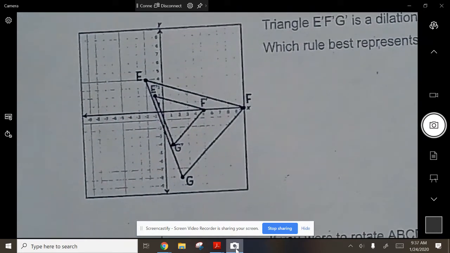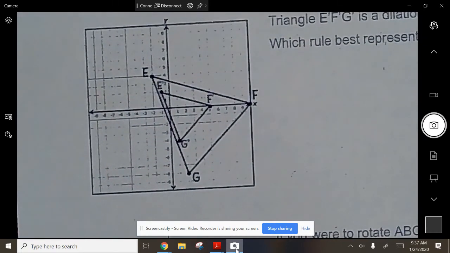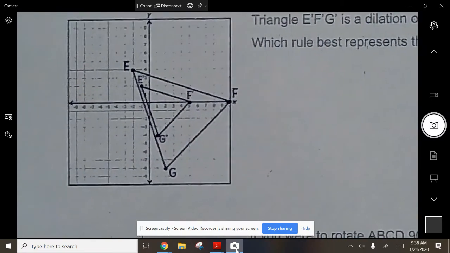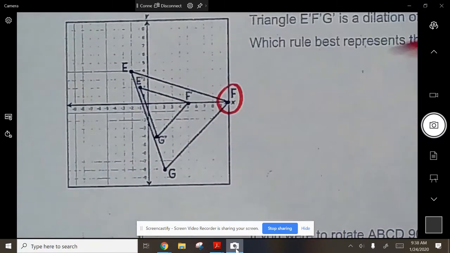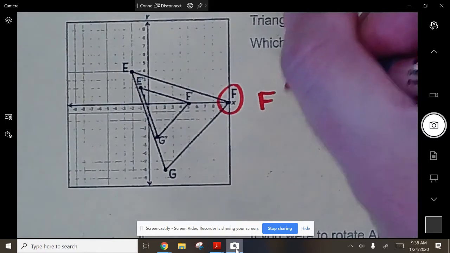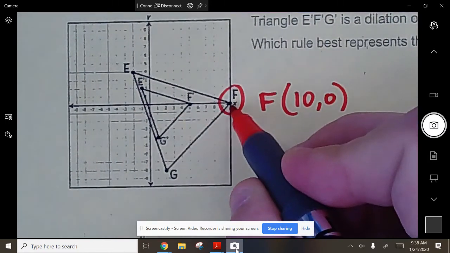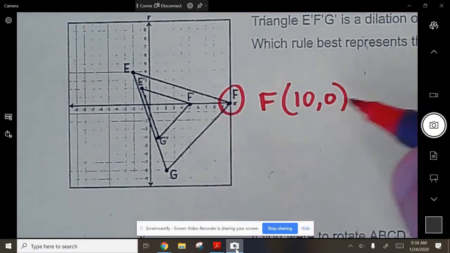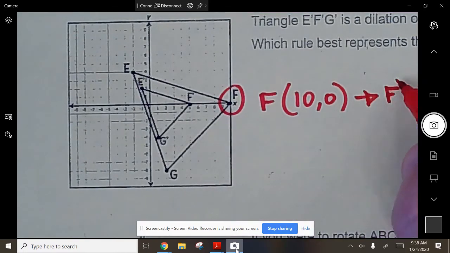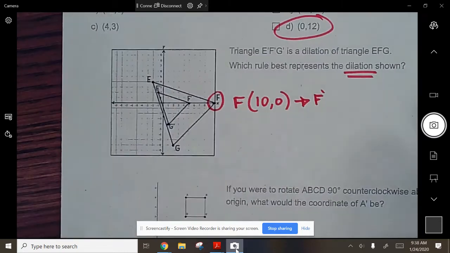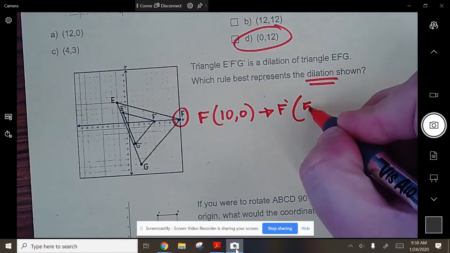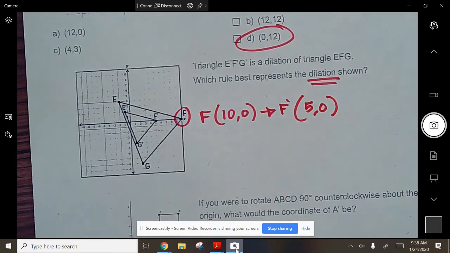What's happening? So take one letter and go to the other letter. This one's tough to see, but let's take F. And F is actually, if you look at it, over 10, up 0. You go to the right 10. You don't go up or down. And then it's going to go to F prime, which is going to be actually over 5, up 0.